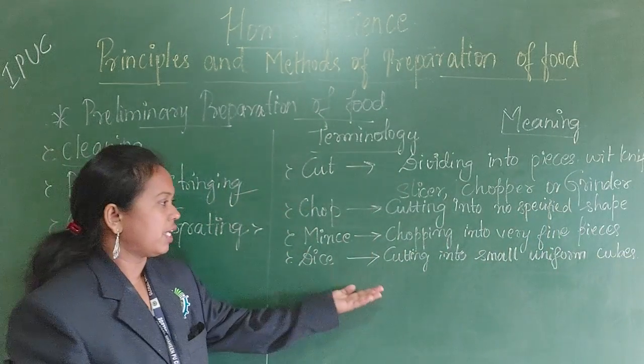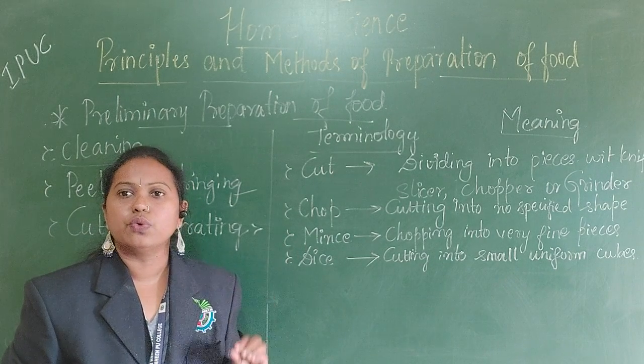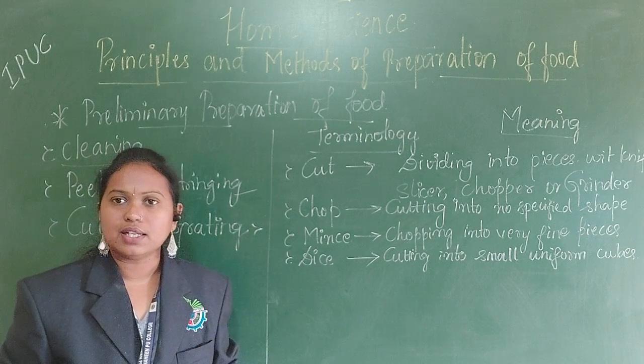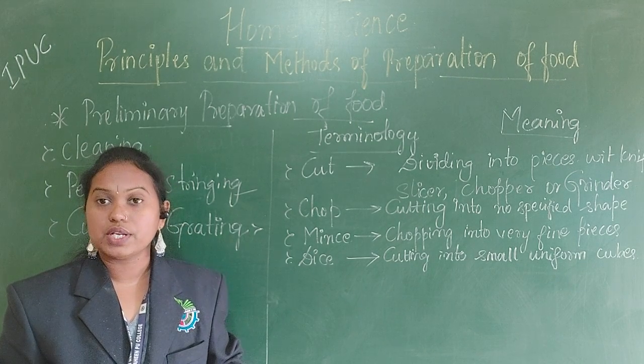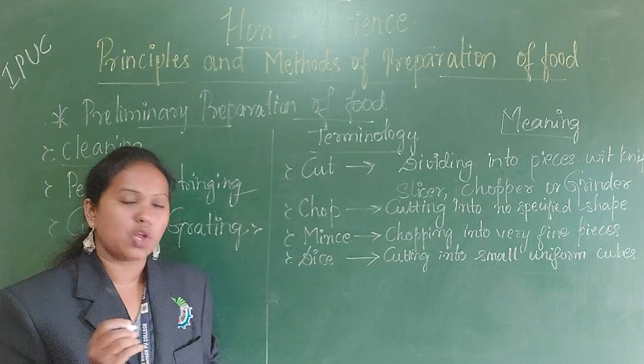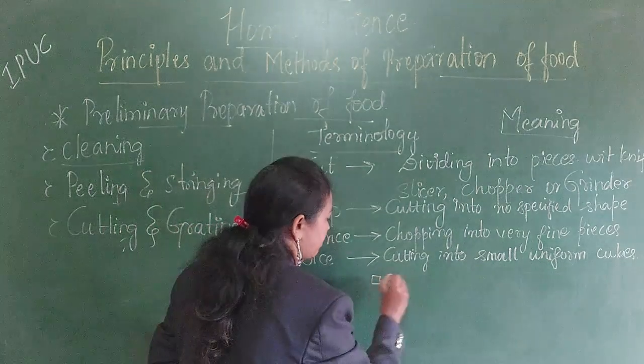Dicing is a culinary knife cut in which the food item is cut into small blocks or dice.